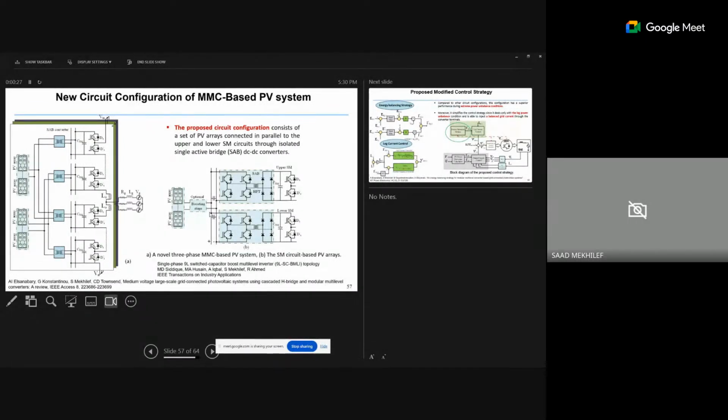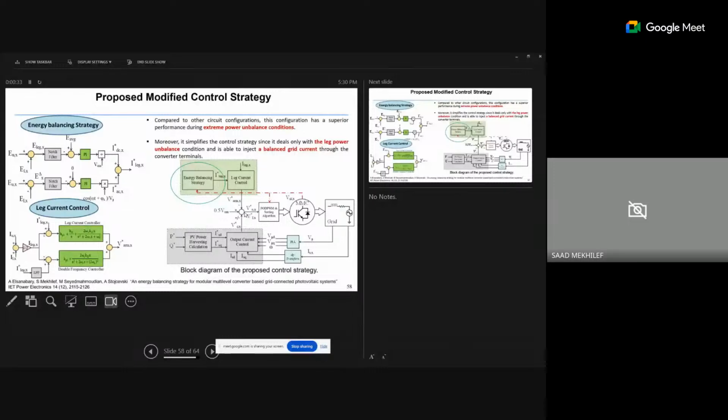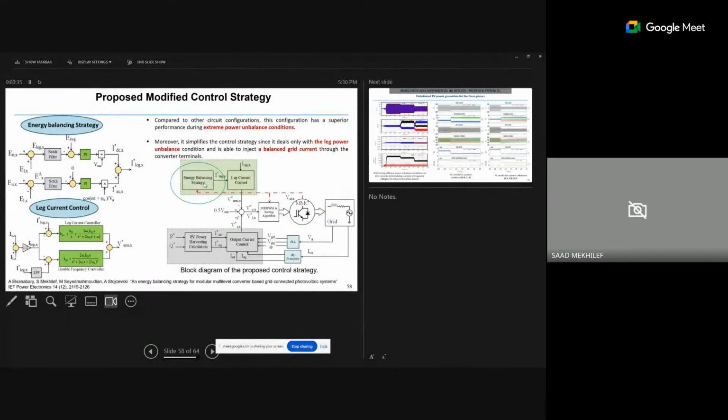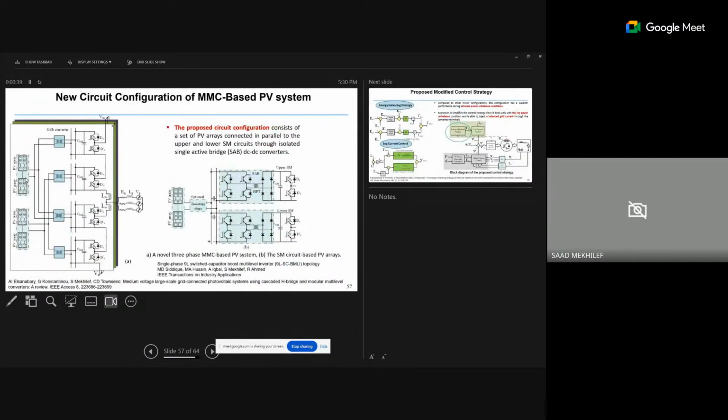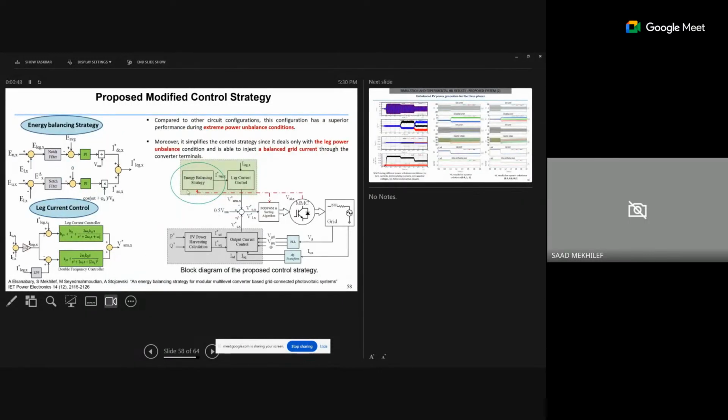But we propose this new topology, and we have two issues here. One is the energy balancing, because you have systems supplied by two sources. Maybe one part is shaded, another one is not shaded. So we address the problem of energy balancing, which is this energy balancing strategy.